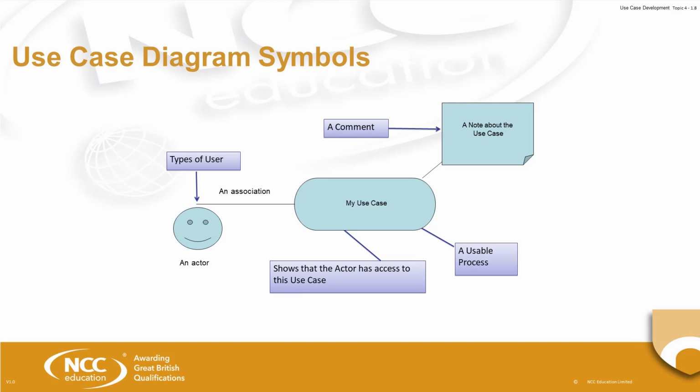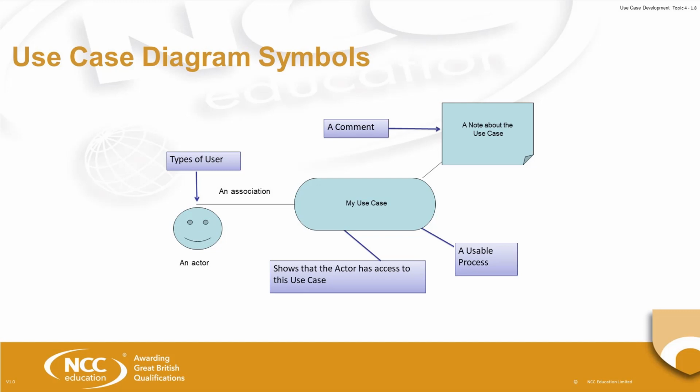An association tells us that that actor can use that use case. This diagram, had it been drawn in UML, would have had the correct symbols, and we'll have an example later on in the lecture that shows the correct symbols. As a note, I would advise you have a look at a piece of software called Argo UML and use that to try and draw some use case diagrams. On the right hand side of the diagram you can see a label that says a note about the use case.